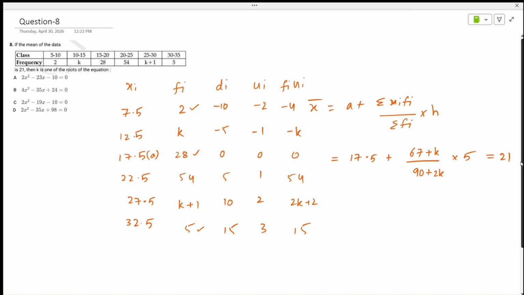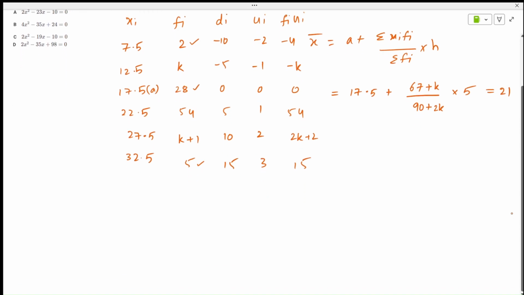Let us solve this to get the value of k. If we send this 17.5 to the other side, we'll get 3.5. So 35 by 10 is equal to 67 plus k by 90 plus 2k into 5.